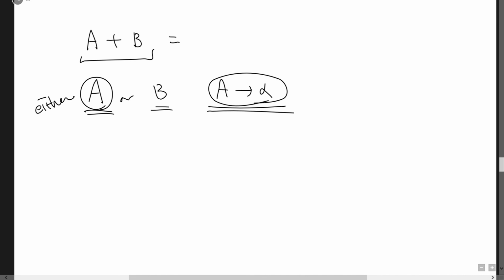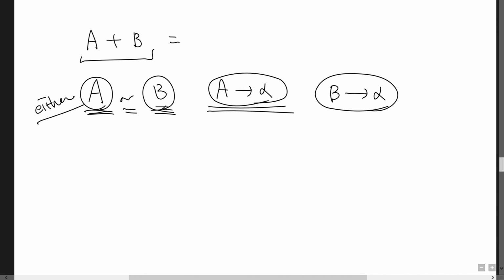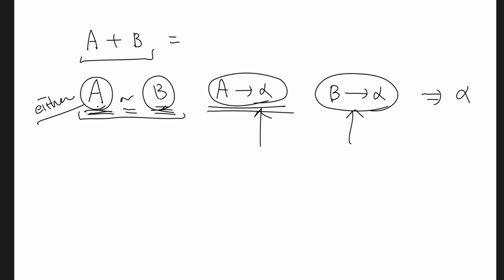So to provide for this case, you have to give me another function, b arrow alpha. And this function will be used when you have a value of type b. So you have either a or b, but you don't know which. To provide for the two cases, you have to give a function of type a arrow alpha and another function of type b arrow alpha. And then whichever of a and b you have, you can always produce a value of type alpha. That's the idea behind the sum type, how to encode the sum type.